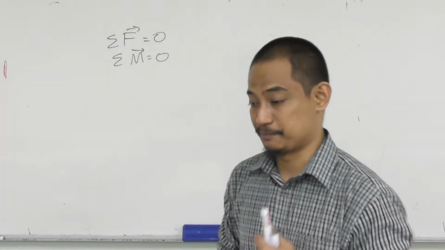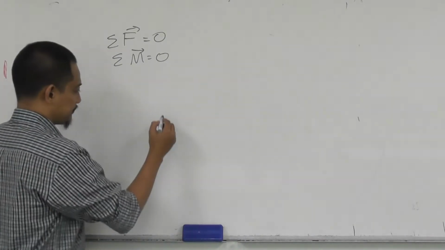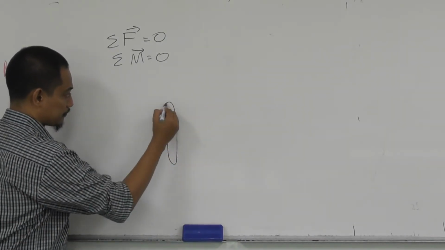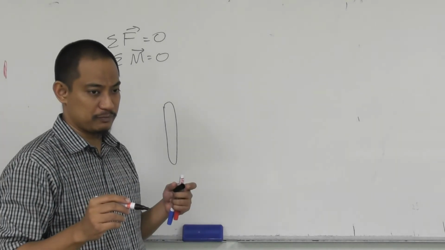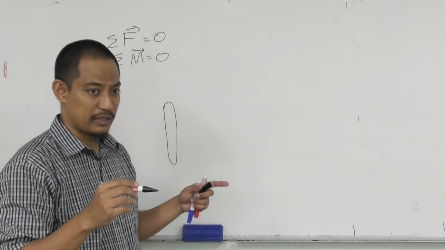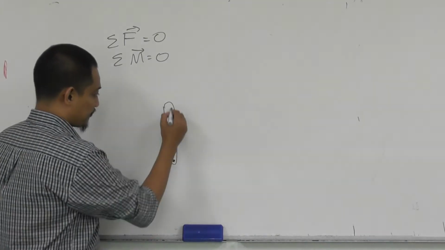You have three equations. Now, if you have a member like this, and all the forces acting on this member are only at this point and this point.